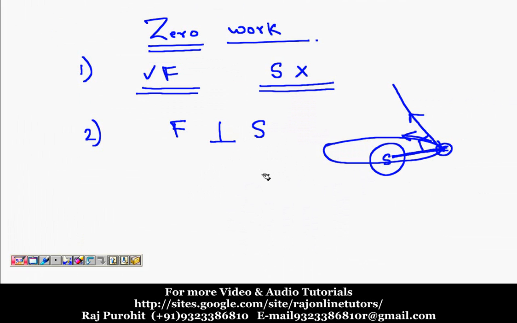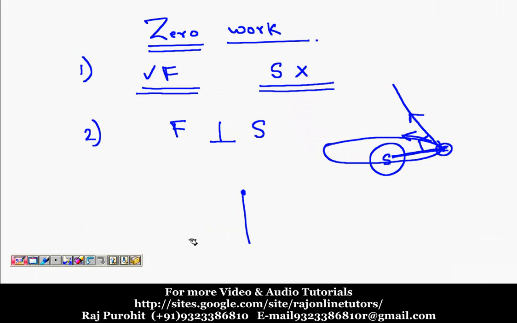I'll consider one more similar example. For example, you take a stone and you tie a string over it, and then you hold the string with your hand and revolve it.